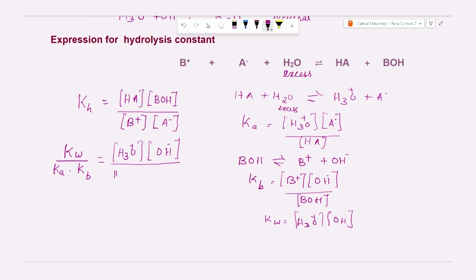So, I have H3O plus, A minus, which is in the numerator, HA which is in the denominator goes to the numerator because that is a division, HA. Now, again you should take Kb where we have B plus into concentration of OH minus, and in the denominator we have BOH that goes to the numerator.